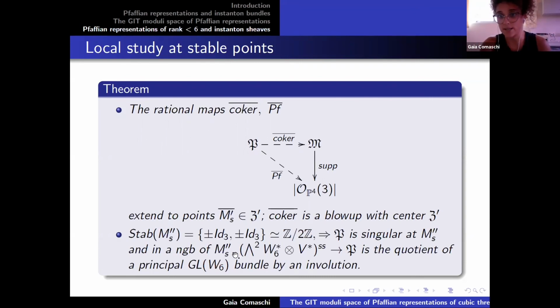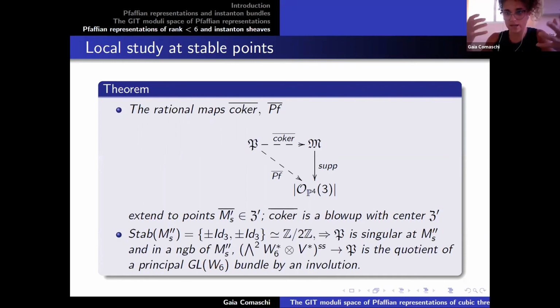And so we won't have a principal bundle of structure group GL6, but we will have this principal bundle quotiented by an involution. So we will have to solve some singularity in order to extend these rational maps.